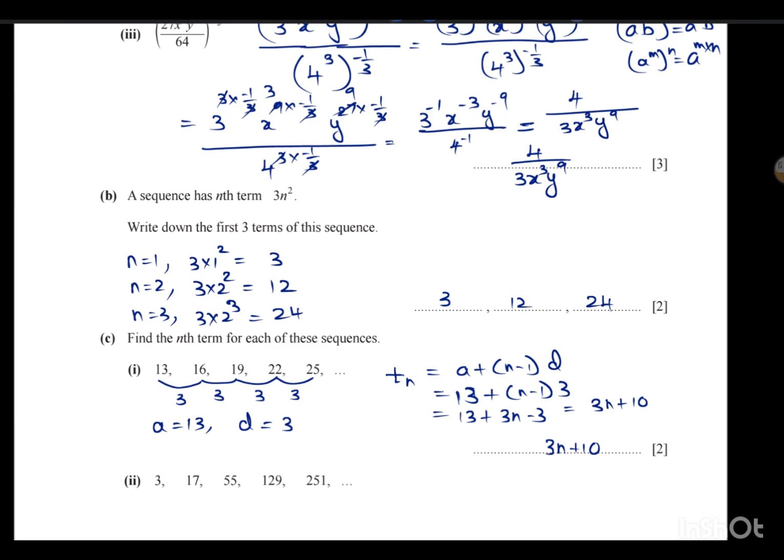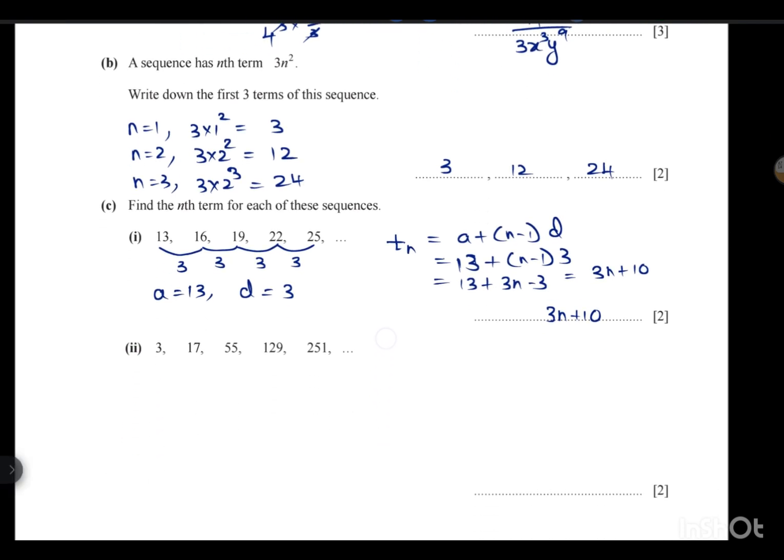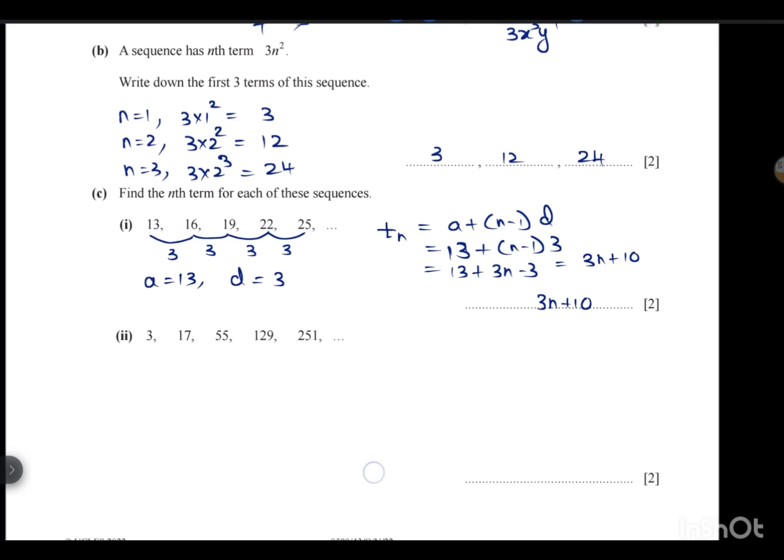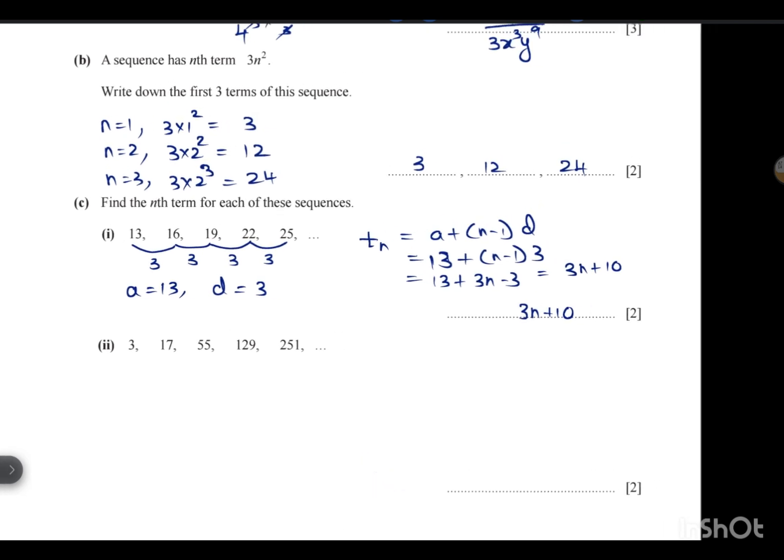Question number 2, 3, 17, 55, 129. These are the terms here, 3, 17, 55, 129, 251.